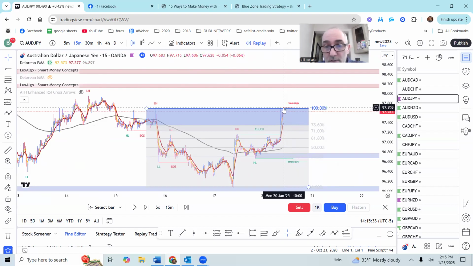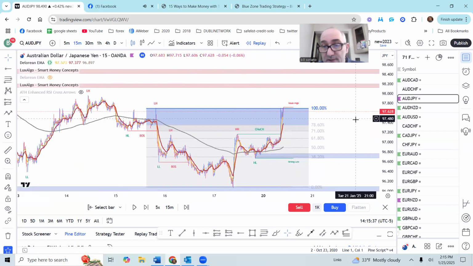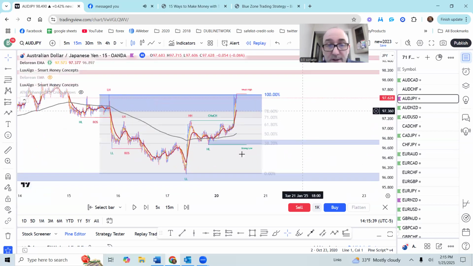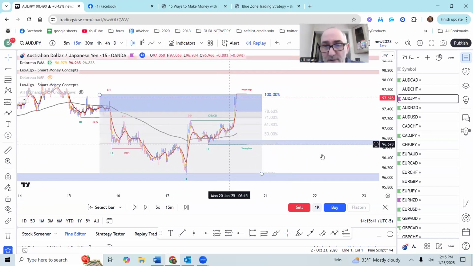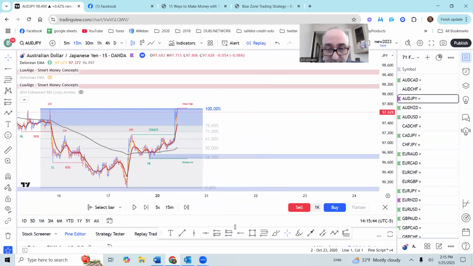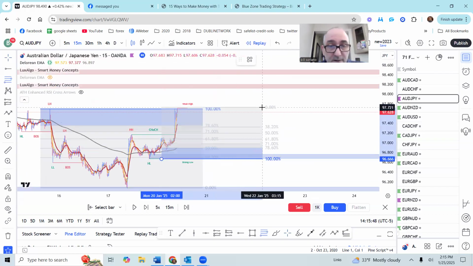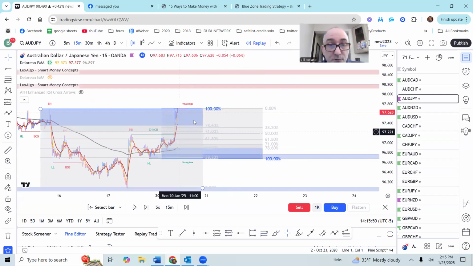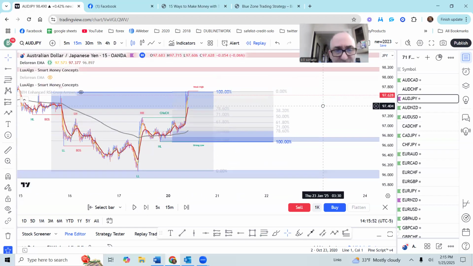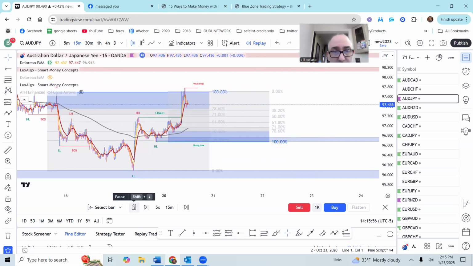Now what happens is we get this change of character to the upside and we get a bullish order block down here. Okay, so now let's see what happens. If we draw our fib from there to there, of course, as price moves up, we have to keep changing that, right? So let's just let this go for a while.